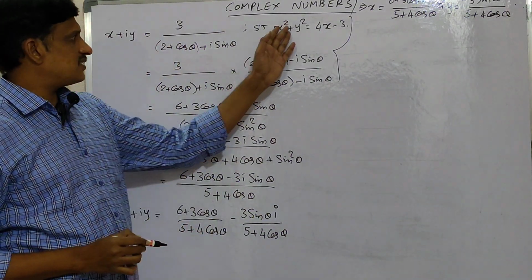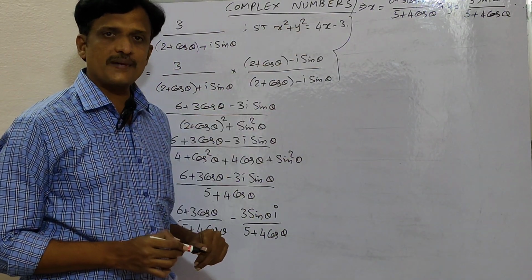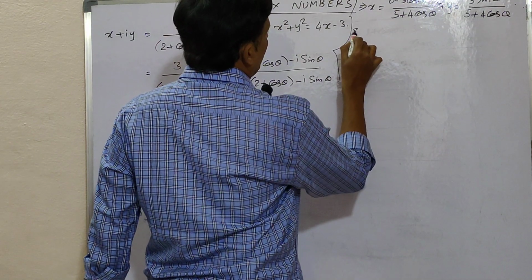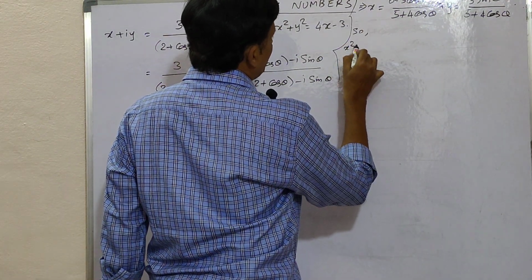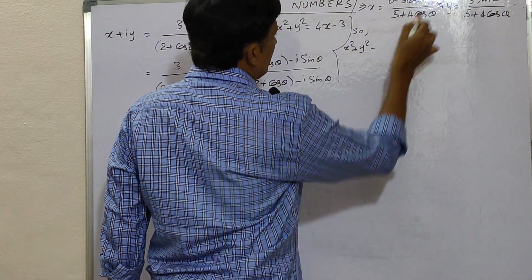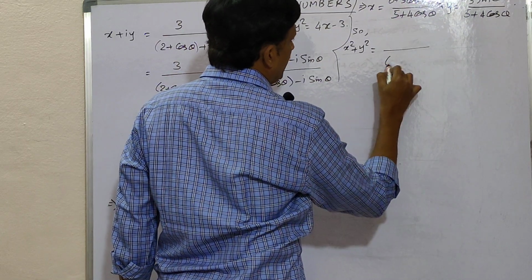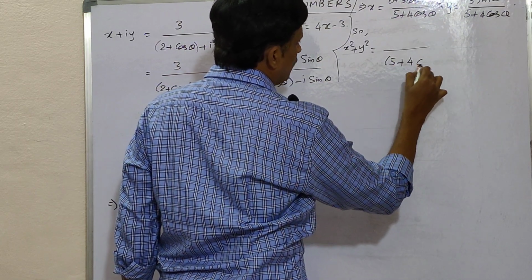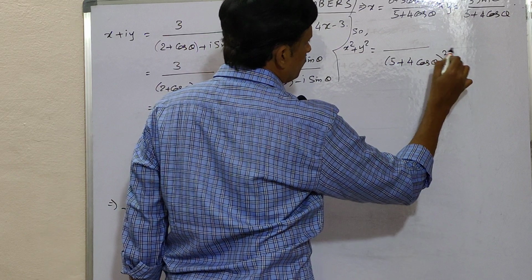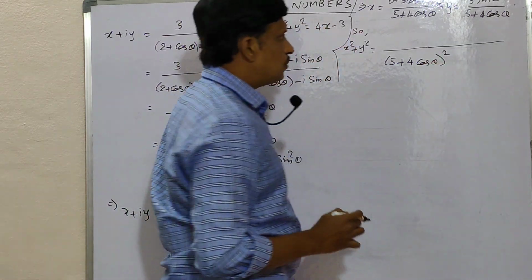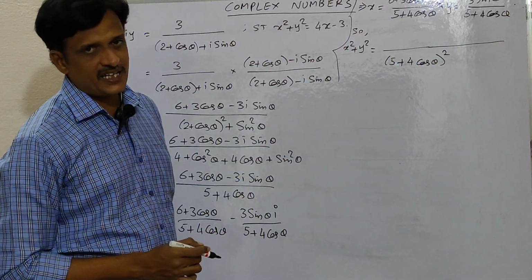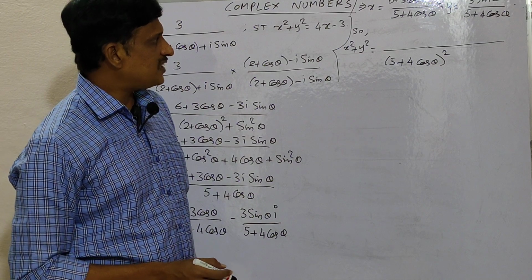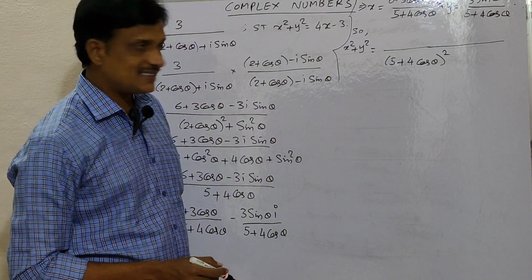We need to prove that x square plus y square is equal to 4x minus 3. So I am writing x square plus y square here. For x square, the denominator is (5 plus 4 cos theta) whole square. For the two values x and y, the same denominator is given, so (5 plus 4 cos theta) whole square is the LCM.